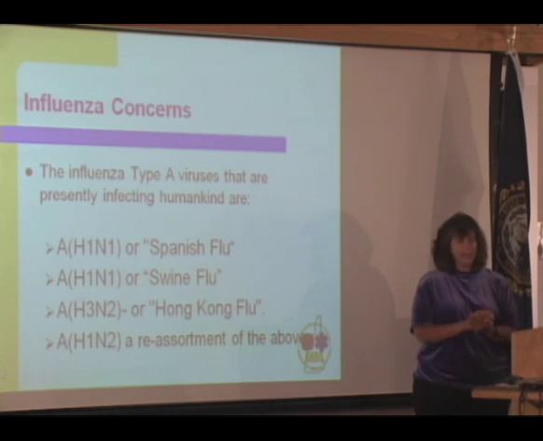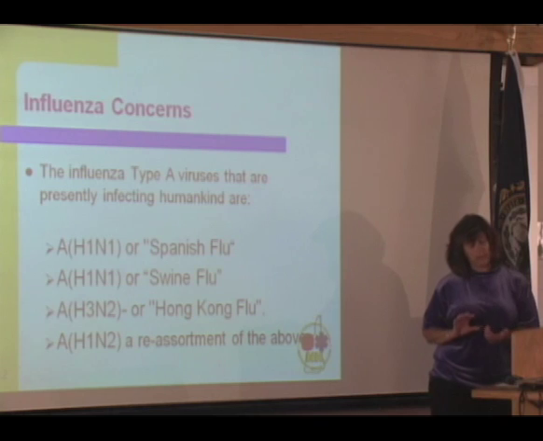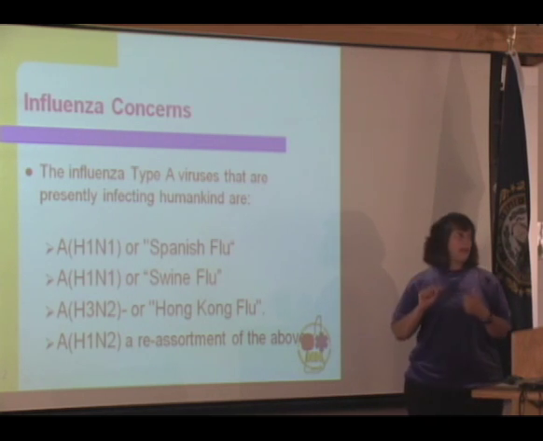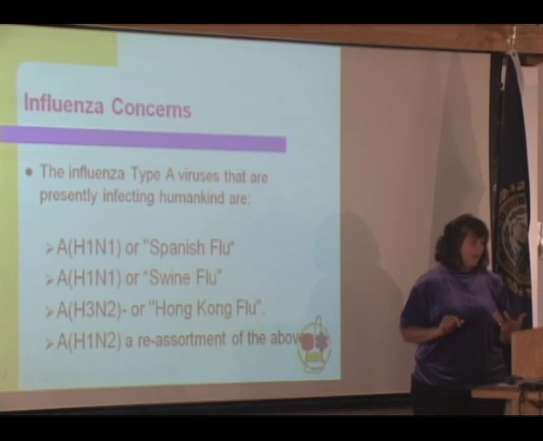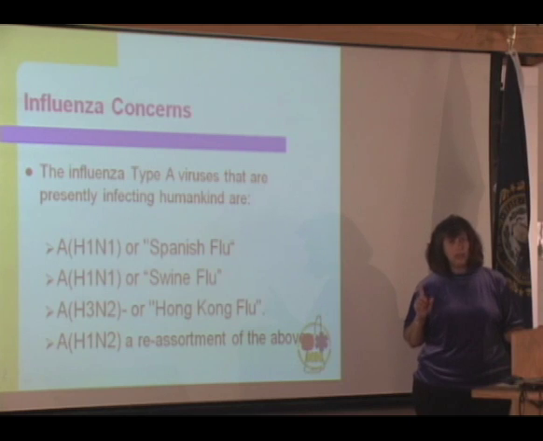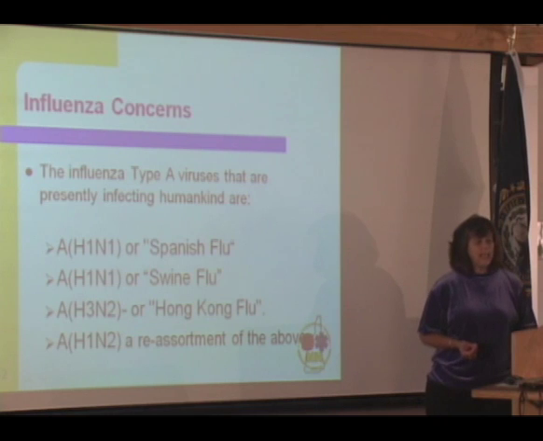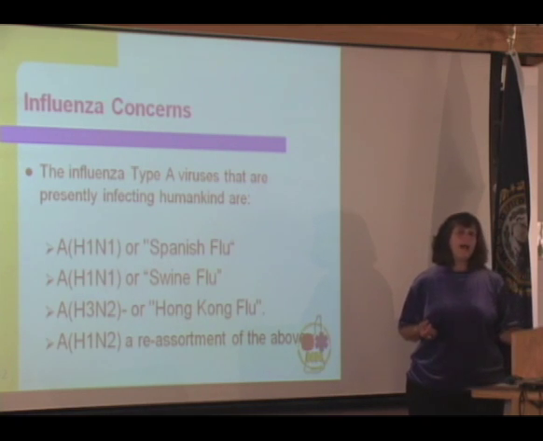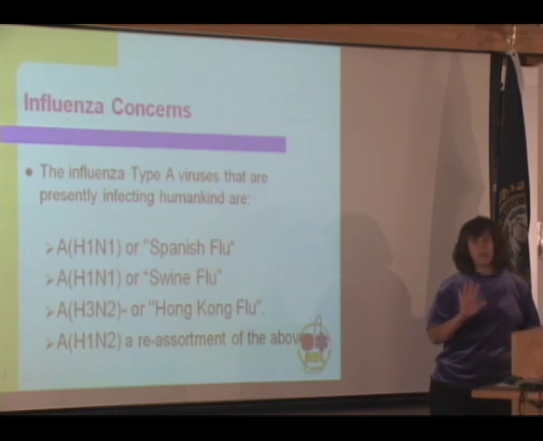If I took out my calculator, because I'm not the world's best math whiz, and multiplied that out, I would get somewhere in the vicinity of 144 different subsets, different varieties of type A virus. That's a lot for our bodies to handle, which is kind of why we're not always able to be right on top of what the flu is for this coming season.